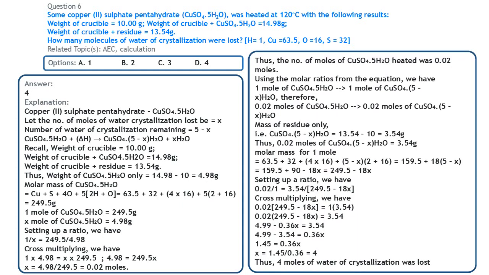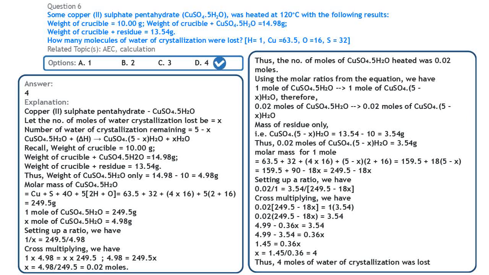Alright, so here is the copper sulfate pentahydrate, this is the chemical formula. Let the number of moles of the water of crystallization that is lost be X. Now in the original substance, the copper 2 sulfate pentahydrate, there are 5 moles of water.